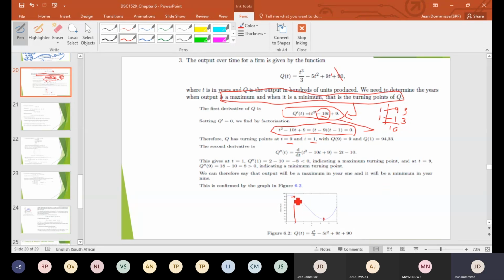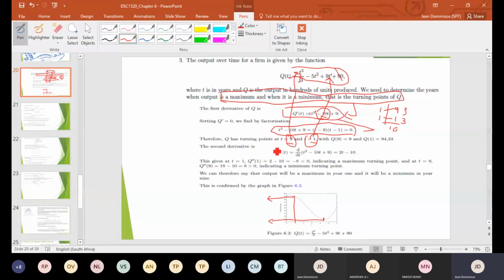If you now needed to work out the Y values, you would have gone back to the original and said, okay, if T is 9, put it in there, get my Y value. If T is 1, go back into there and get my Y value.